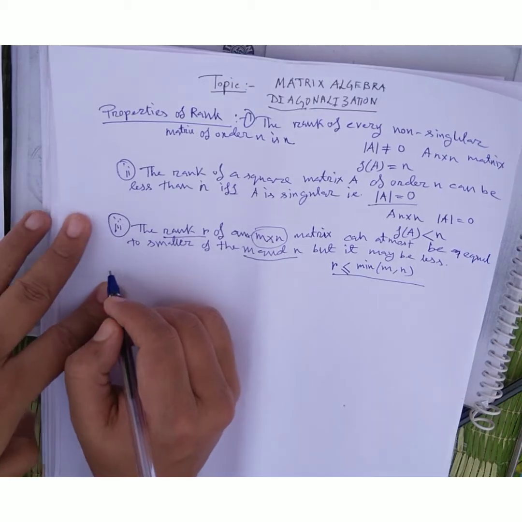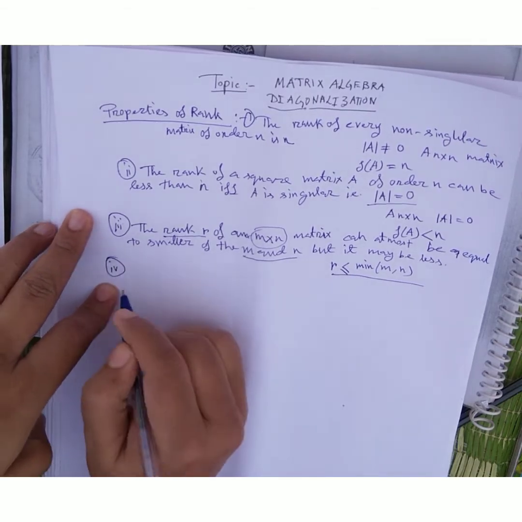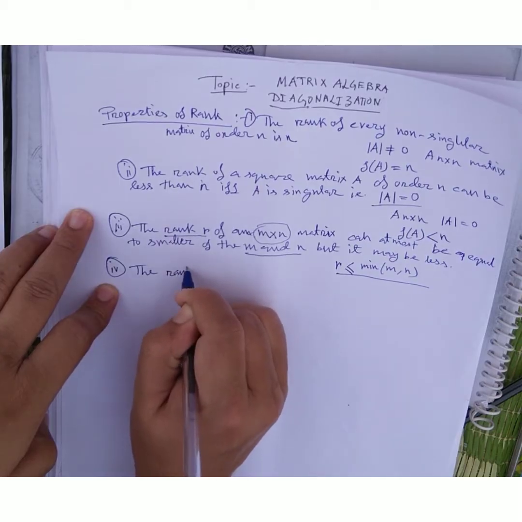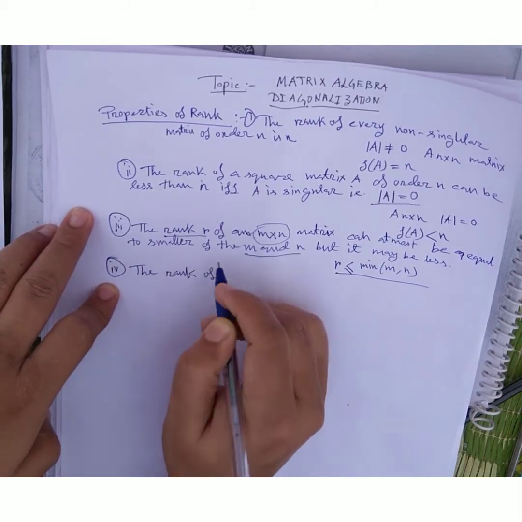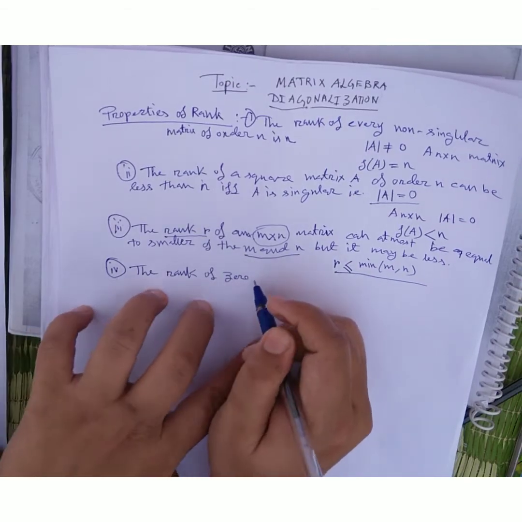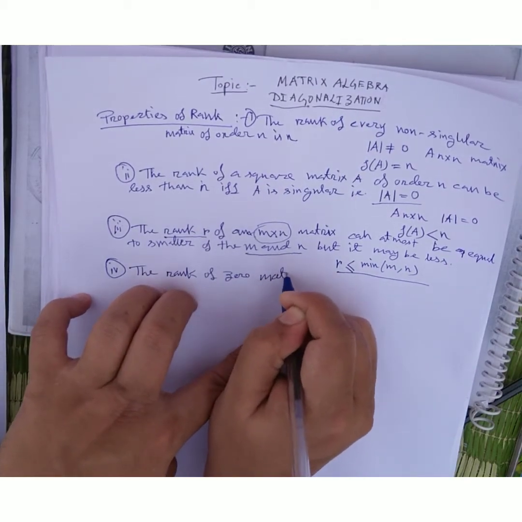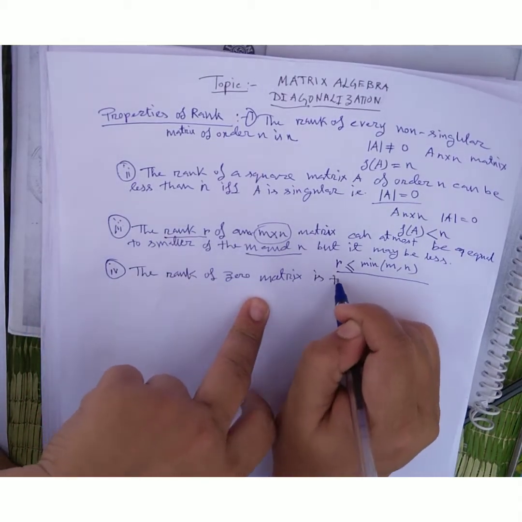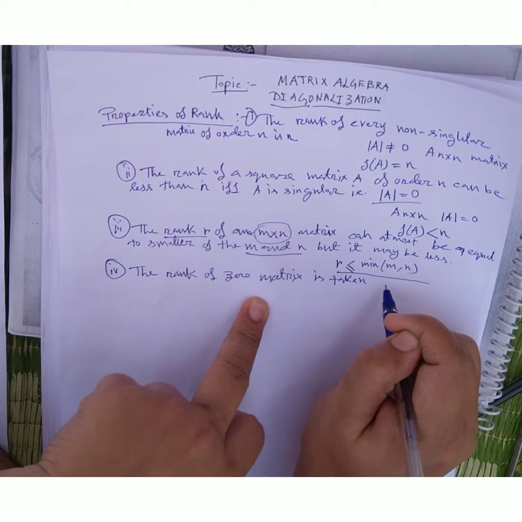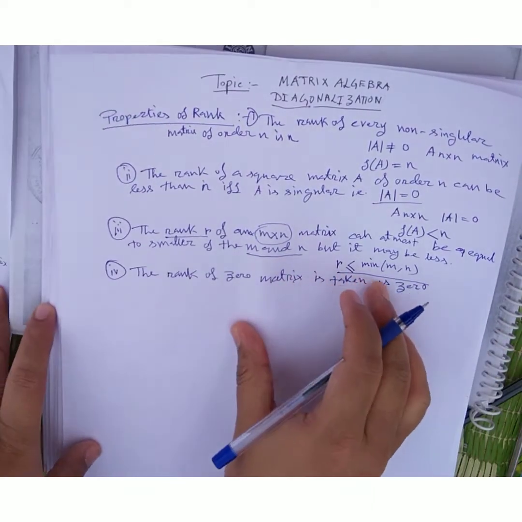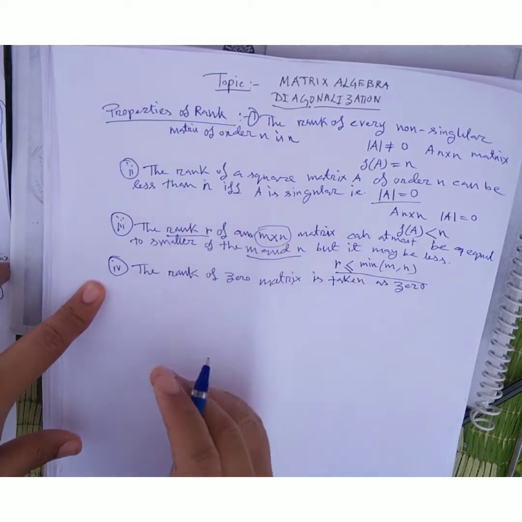Okay. Number 4: the rank of a zero matrix is taken as 0.